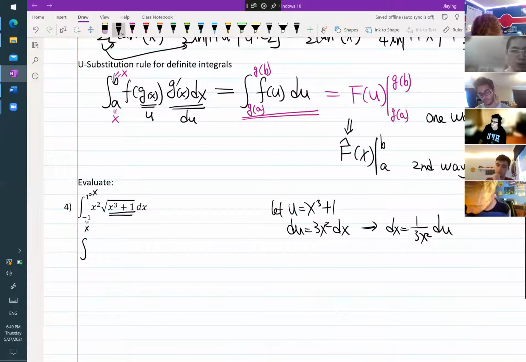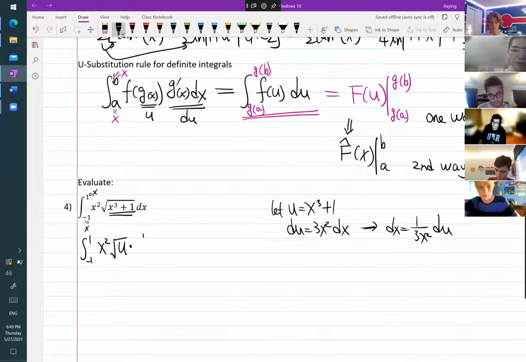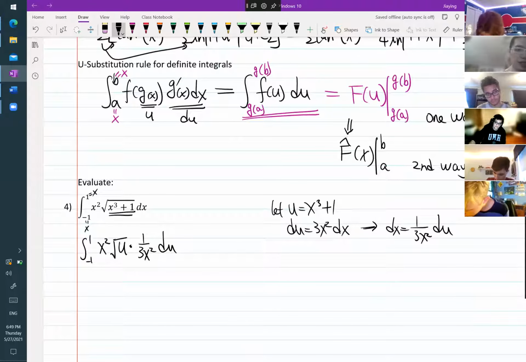So this integral becomes the integral from -1 to 1 of x squared times the square root of u times 1 over 3x squared du. But keep in mind that this -1 is the x value. 1 is also an x value. It's not a value for u.